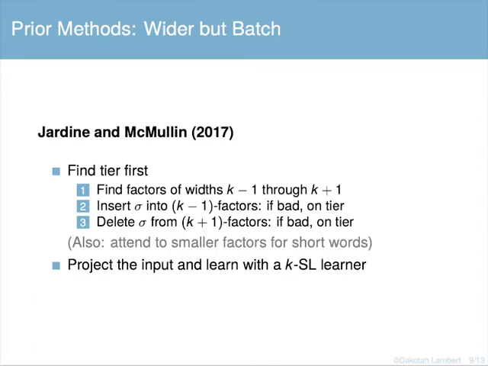But after you've found the tier, you just go back, reread the input, projecting it to only the tier symbols, throwing away all of the non-salient symbols, and learn with any arbitrary KSL learner, which could include the string extension learner that we've already discussed. This is great, but it's a batch learner. It has to reread the input in order to use the SL learner on it.